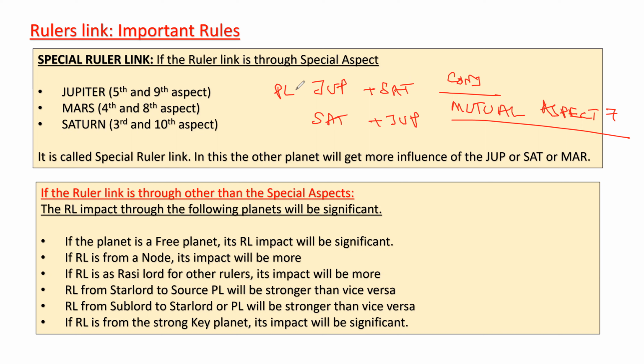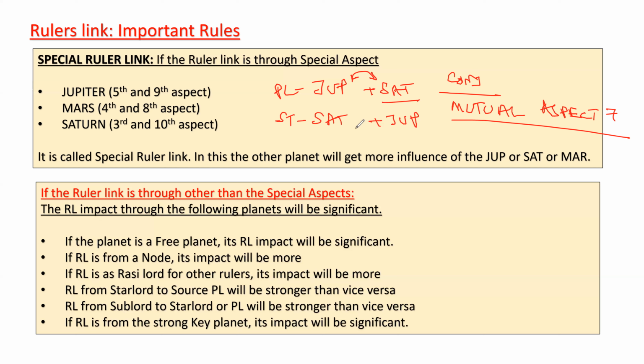So the planet is Jupiter, the star lord is Saturn, for example. Jupiter is having Saturn in its supports because they are conjoined, or Jupiter and Saturn are mutually aspecting by seventh aspect. Jupiter will have Saturn, Saturn will have Jupiter in its supports.